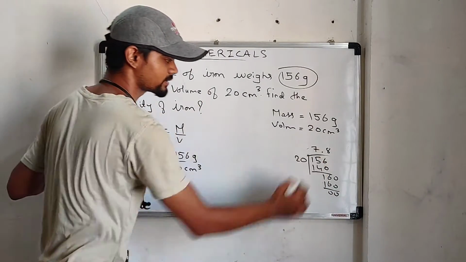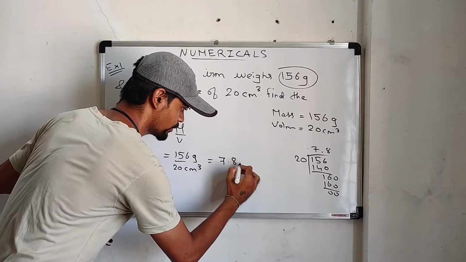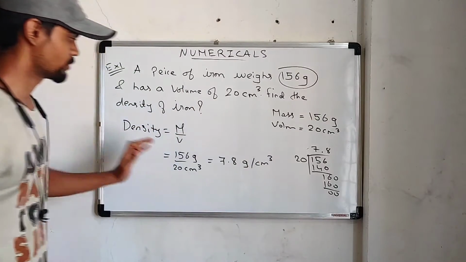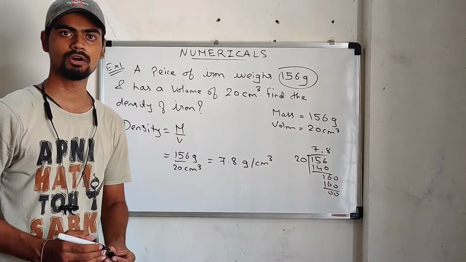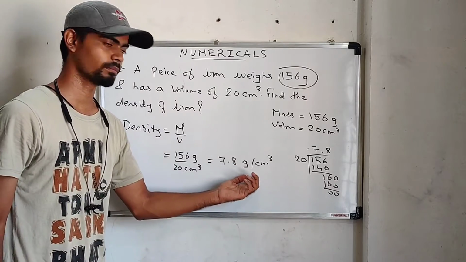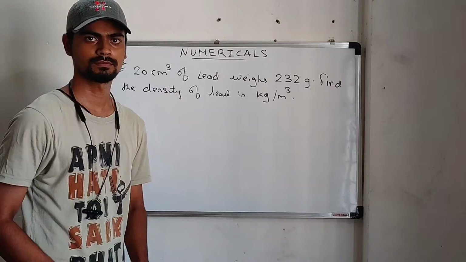So what did we get as the answer? 7.8. Here is our answer, 7.8 gram per centimeter cube. This is how you find the density of iron, 7.8 gram per centimeter cube. Now let us look at the second example.